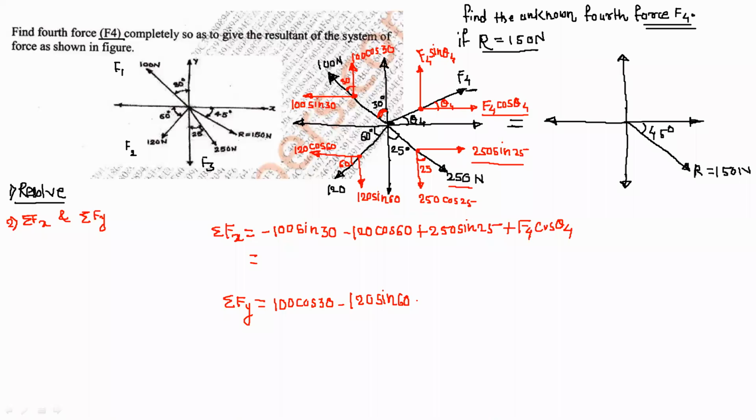Again, it is downward direction. So it is minus 250 cos 25. And the unknown component, F4 sin theta 4, positive direction. So plus F4 sin theta 4. So calculate the value of these three components and plus F4 cos theta 4 as it is.